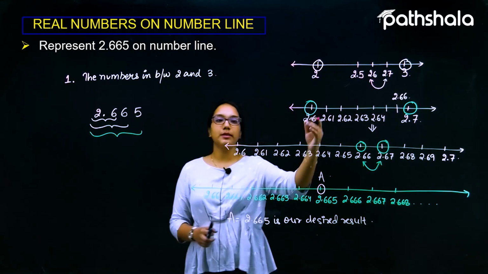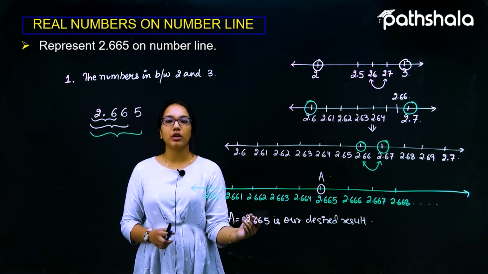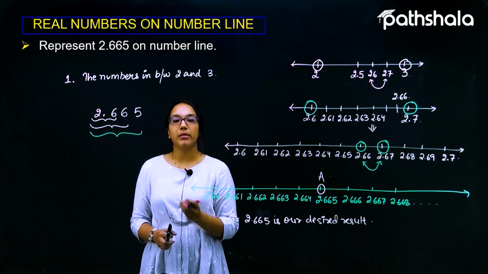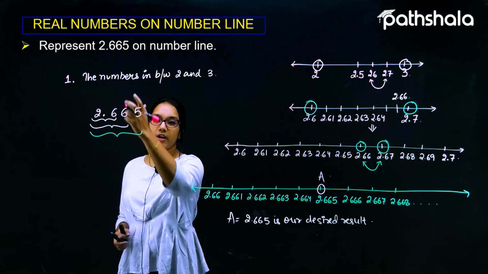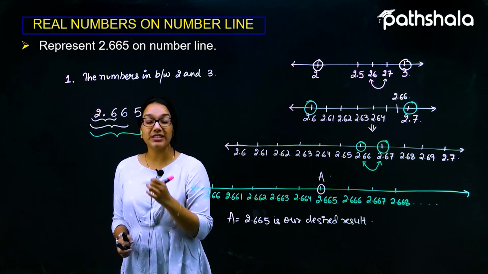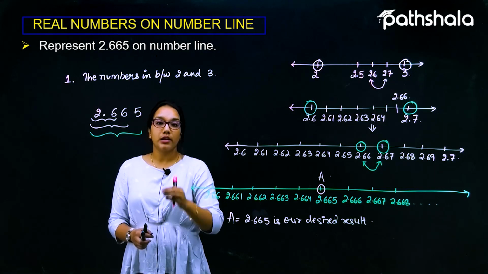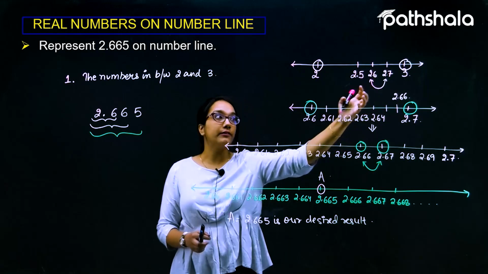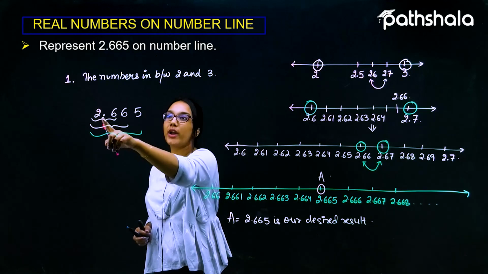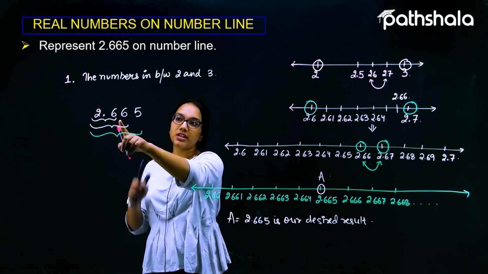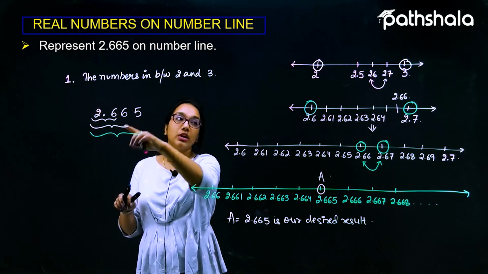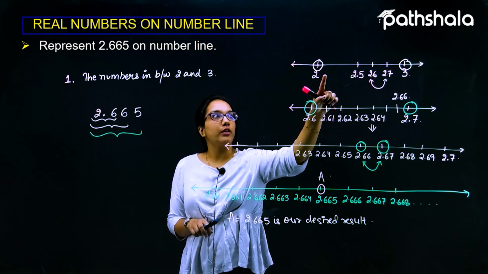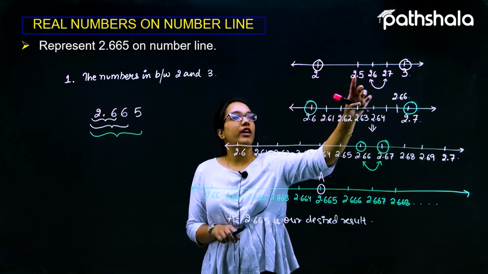These are all the steps with the help of which you can locate any particular real number on the number line. First of all, you just have to see what kind of number is given to us. For instance, if we are talking about 2.665, I definitely know that the number lies between 2 and 3. After that, we know that the number is 2.6 first. 2.6 lies between 2 and 3: from 2, the numbers will be 2.1, 2.2, 2.3, 2.4, 2.5, 2.6.